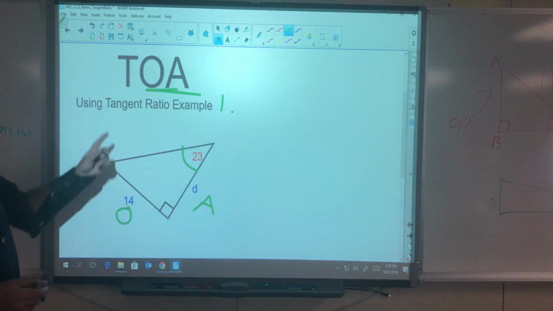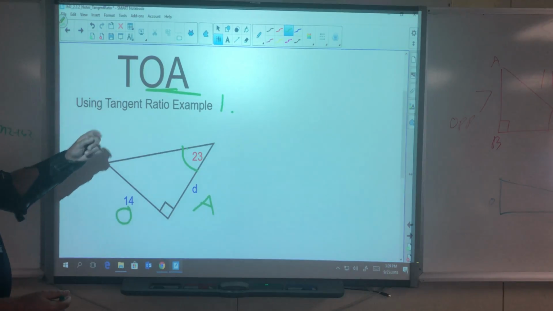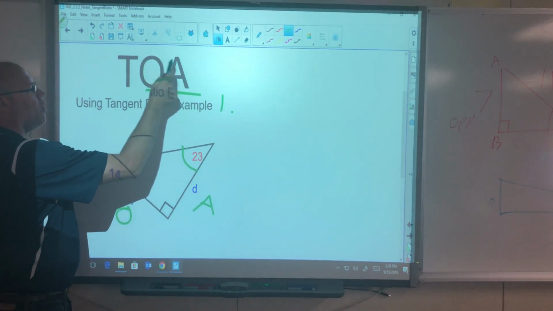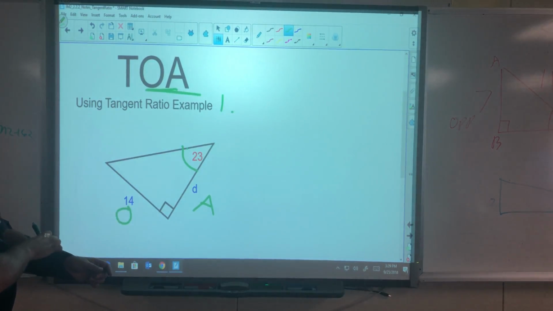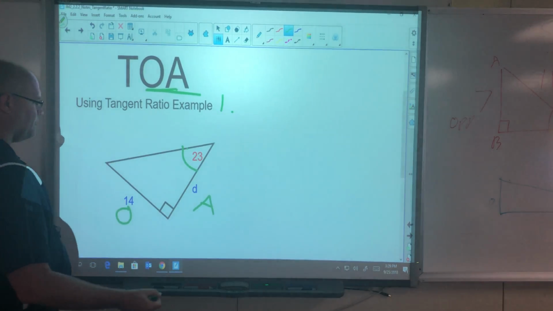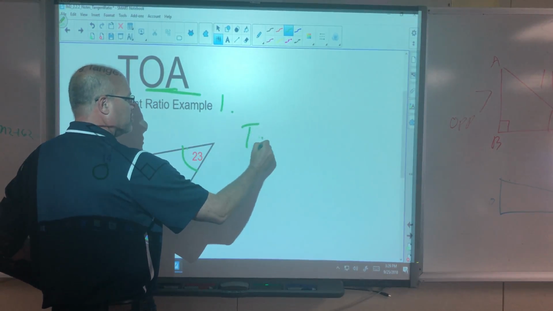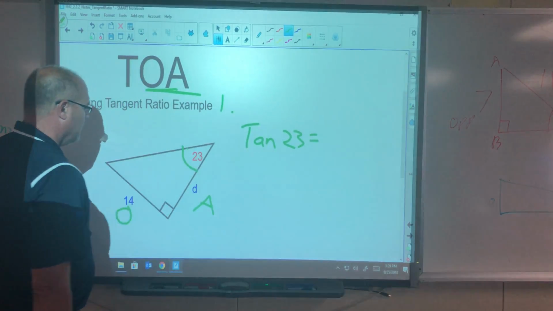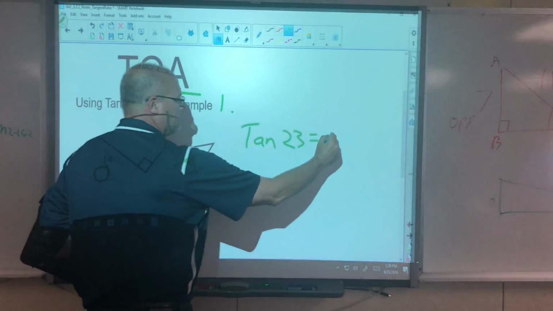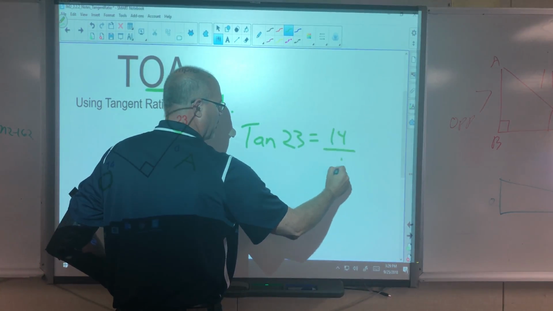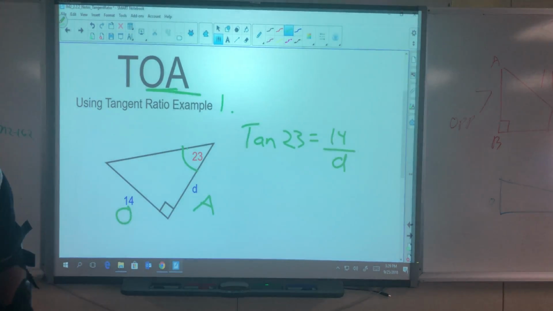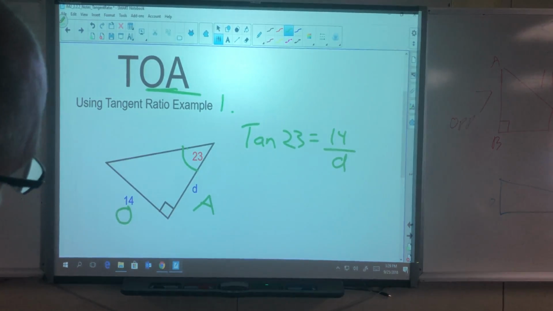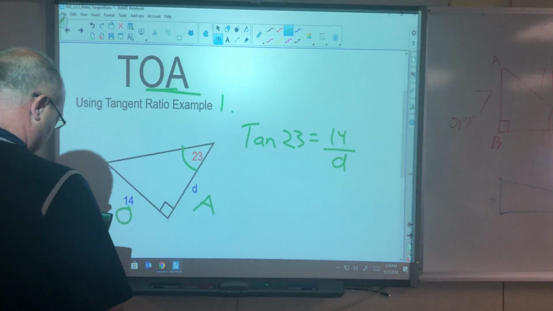And we know that T represents the tangent ratio. So tangent is opposite over adjacent. So let's go ahead and write the trig equation. We're going to say the tangent of 23 degrees equals 14 over D. Then we're going to convert the tangent of 23 to a decimal number.